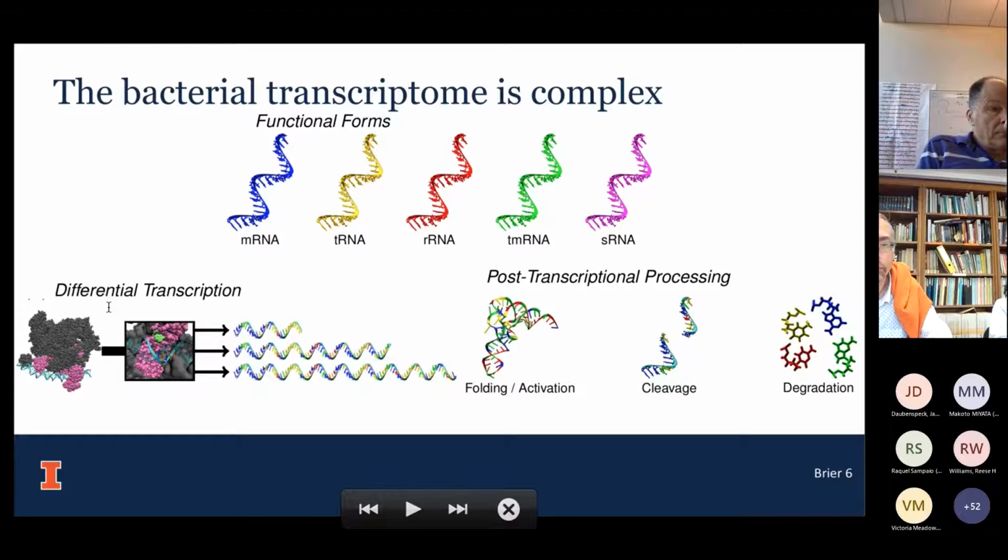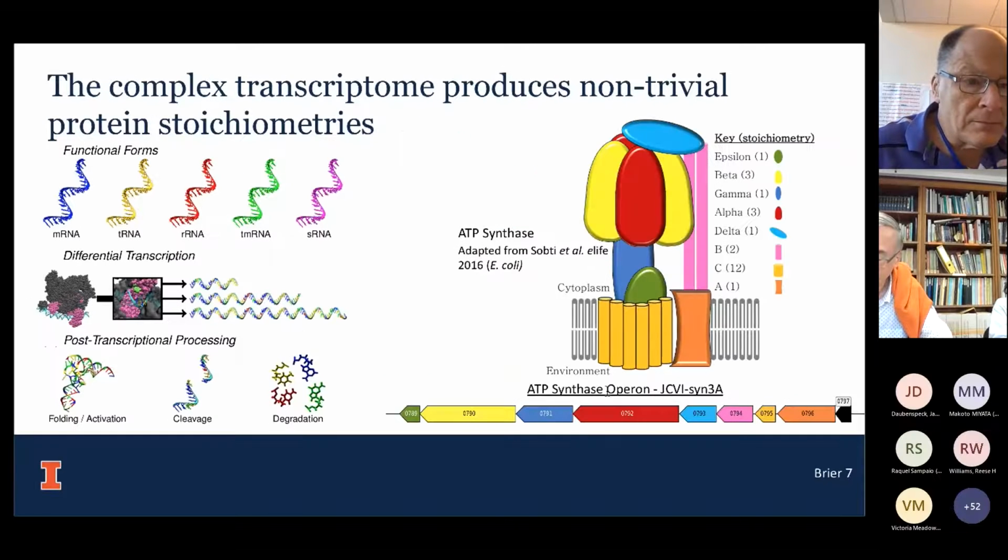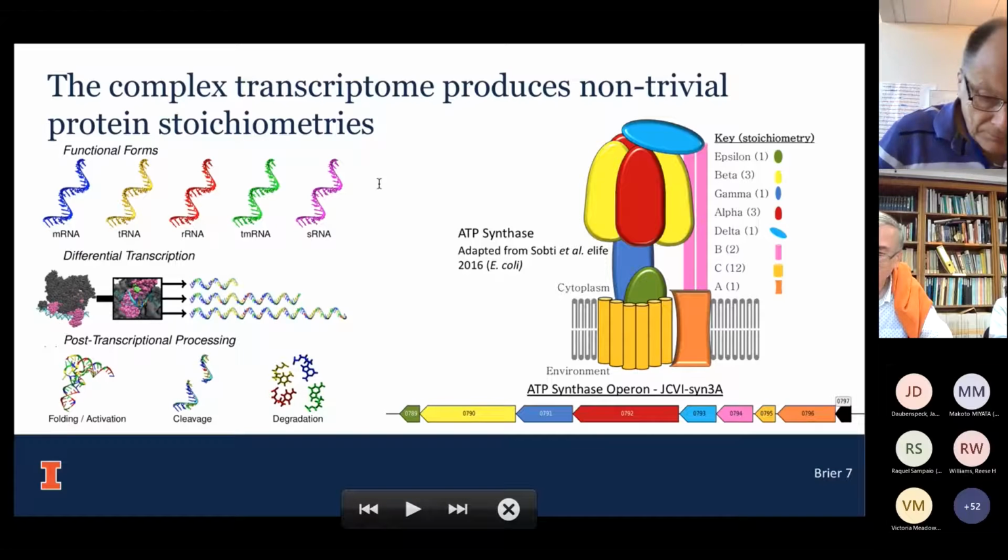An example is differential transcription, and then some of the post-transcriptional processing, such as folding of the messengers, let's say, or tRNA, rRNA, and also cleavage and degradation can occur to species within the transcriptome. What I find most fascinating about the transcriptome is that although it's complex, it's able to produce non-trivial protein stoichiometries.